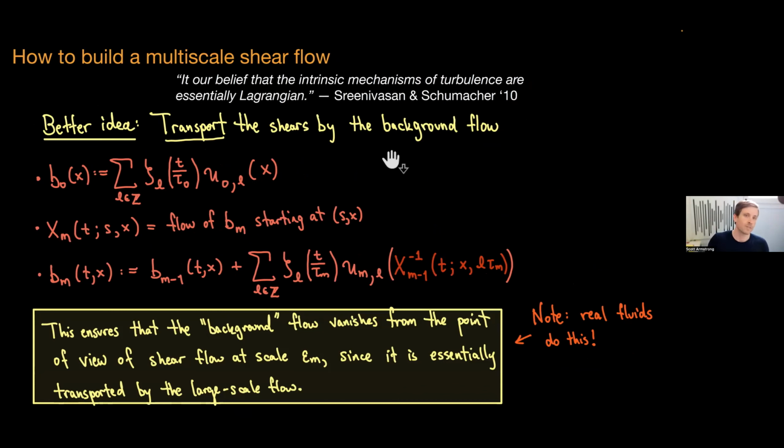The need to do this makes our proof tremendously more difficult, because having to compose everything with the Lagrangian flow maps causes non-trivial corrections to the effective equations and to the homogenization problem. One interesting note is that real fluids do that, right? Real fluids have the property that high frequencies in the fluid are advected by the low frequencies.